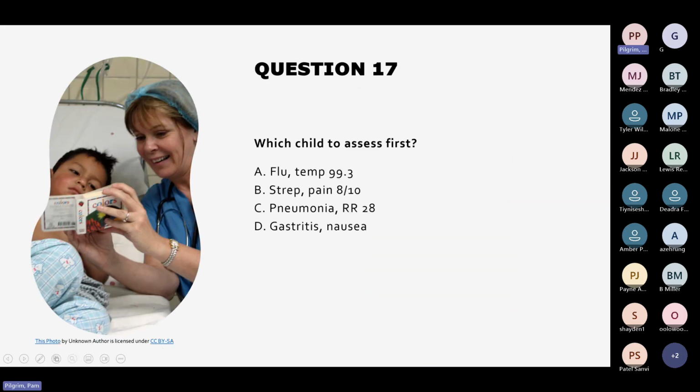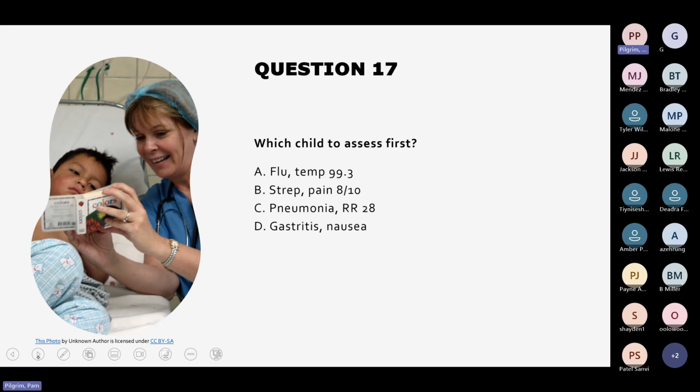Question 17. Which child would you assess first? Just for your information, these sorts of questions where you have to prioritize are often seen on NCLEX.